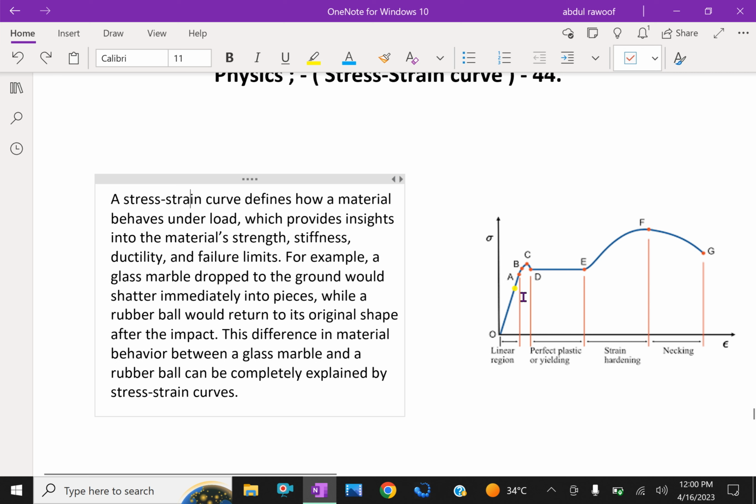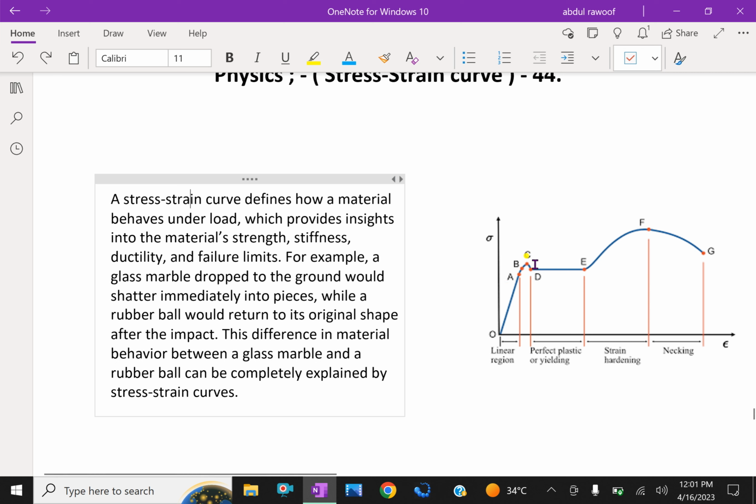If the load is increased further, what happens? The stress developed exceeds the yield strength, and strain increases rapidly even for a small change in the stress. The portion of the curve between B and D shows this.